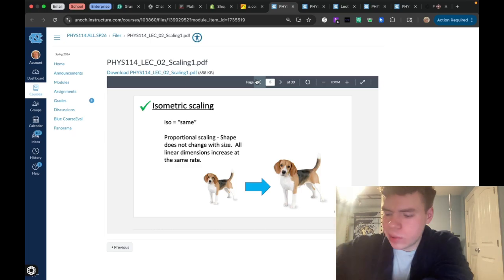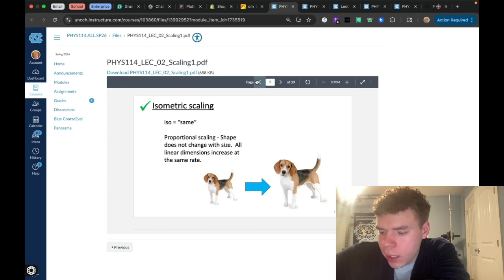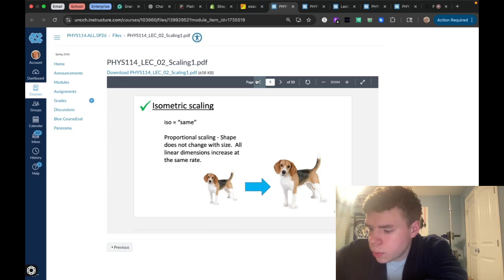Let's write down some terms here. Isometric slash proportional scaling.